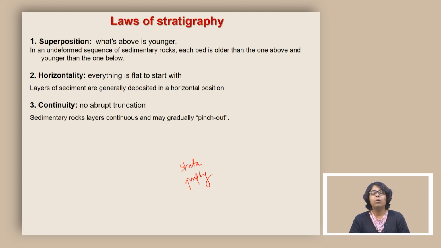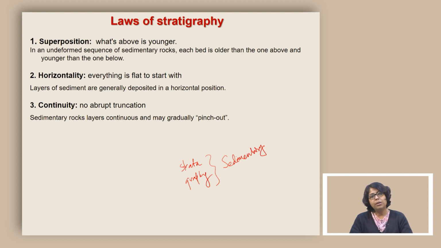When we are talking about layered rocks, we are primarily talking about a particular type of rock known as sedimentary rock. These sedimentary rocks have this quality of creating layers upon layers, and when they create these layers and then finally convert to rock, they actually tell us something about their relative age, and that is why we are using the term relative dating.